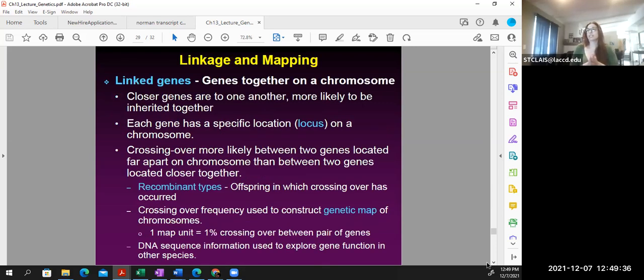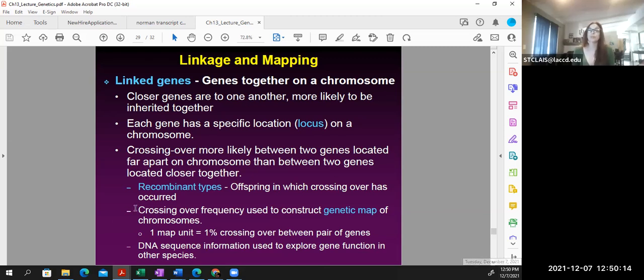Okay, so remember the linked genes are close to one another on a chromosome. And because they're located with one another, they're usually associated with one another and inherited together. Crossing over is more likely to occur between genes that are far apart on a chromosome rather than two genes that are very close together. So if you have traits that are associated with one another, that could also be called a linkage block. Now, where the crossing over has occurred, those would be the recombinant types.